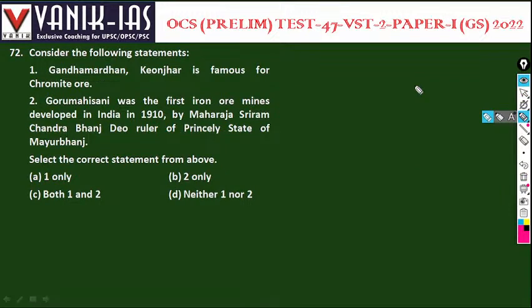Consider the following statements. Gandhamardan in Keonjhar is the famous chromite mine. Then Gurumahisani was the first iron ore mine developed in India in 1910 by Maharaja Sri Ramchandra Bhanja Deo, ruler of the princely state of Mayurbhanj. Okay, the second statement is right.